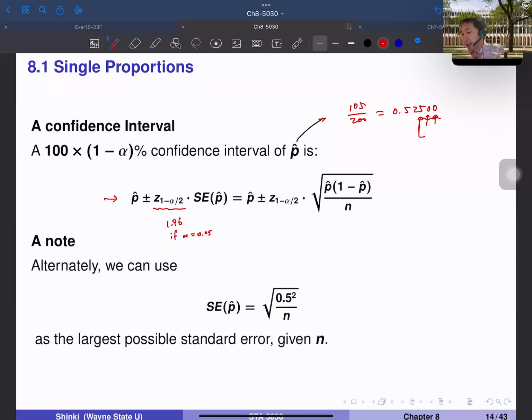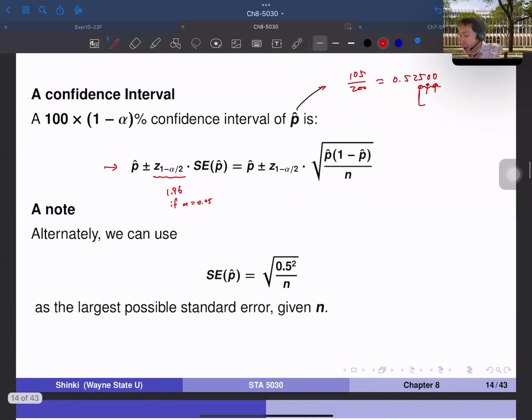So this interval includes the true p with 95% probability, or in general, 1 minus alpha times 100 percent probability. The quantile point is 1.96 for a 95% confidence interval, and the standard error of p hat is given by this.